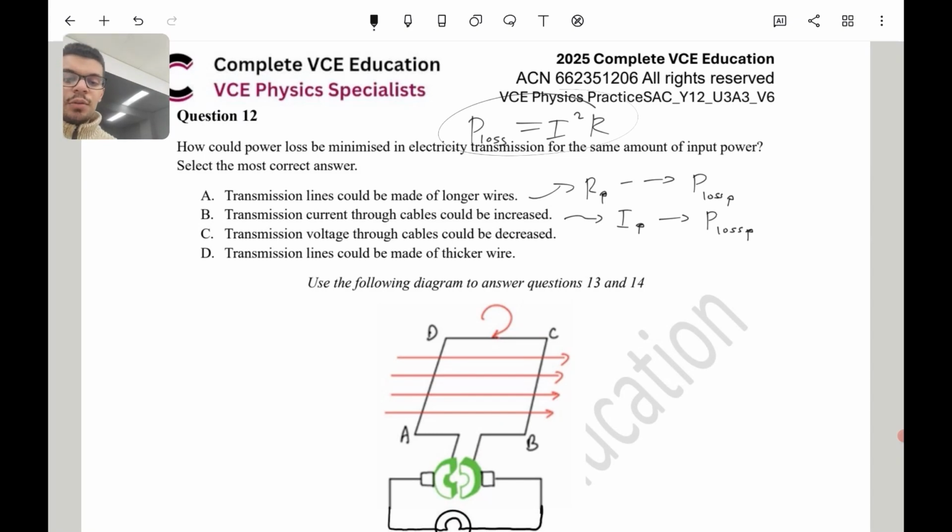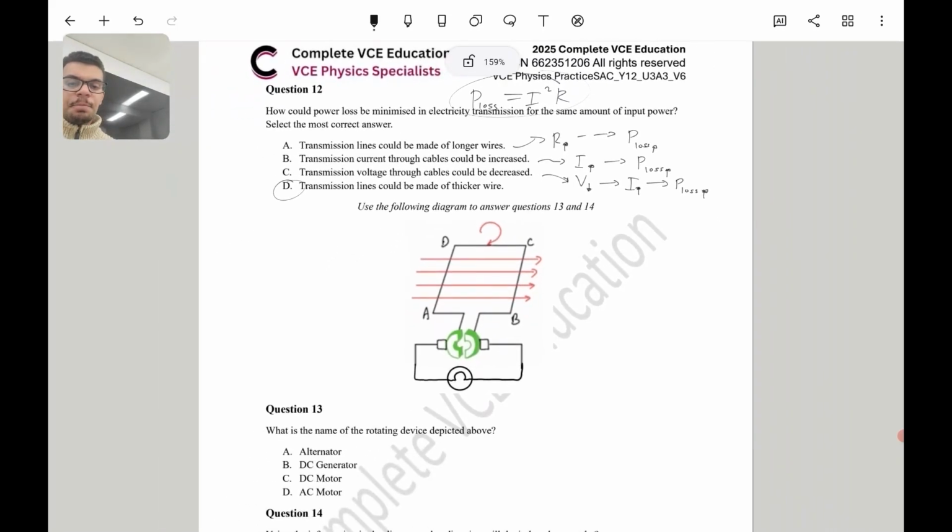C, the transmission voltage of the cables could be decreased. Not quite, because if voltage goes down, guys, then your current has to go up, and therefore the power loss has to go up. Voltage and current are inversely proportional to each other. D, the transmission lines could be made of thicker wire. Yes. So if the transmission lines are made of thicker wire, then this will reduce our power loss, since this will reduce our heat loss or heat dissipation through the transmission lines.